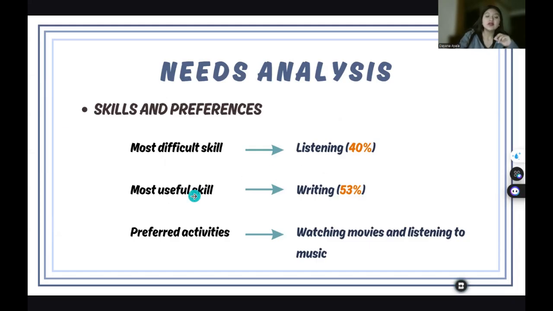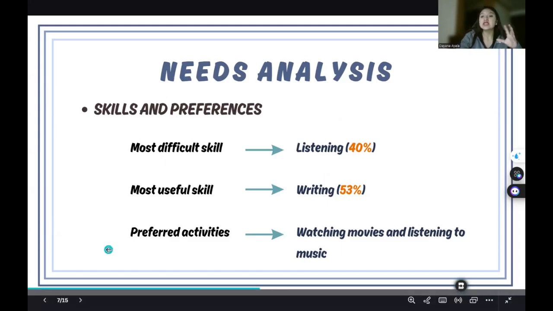I also asked what the most useful skill is, and 53% of students consider writing. I also asked about their favorite activities to improve their English, and they told me they prefer watching movies and listening to music. All this information helped me understand and analyze which activities are suitable for them.